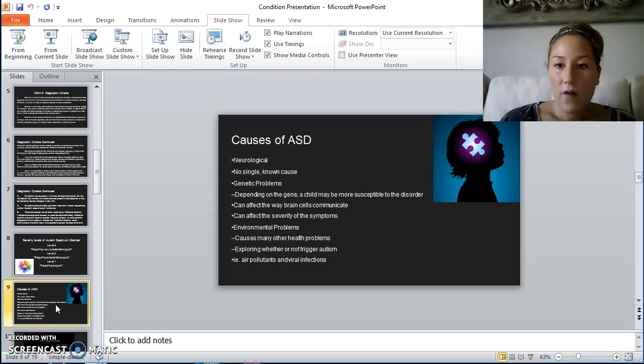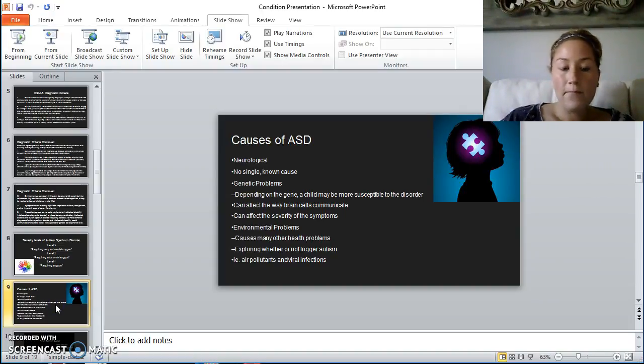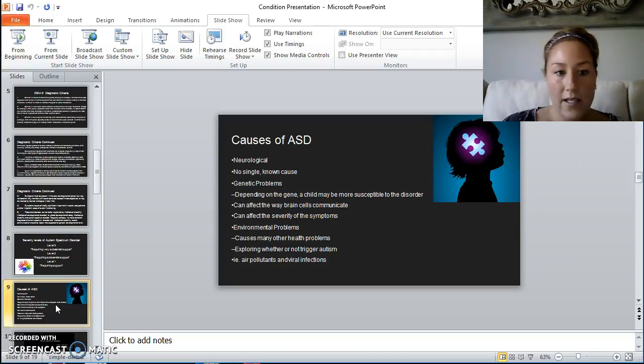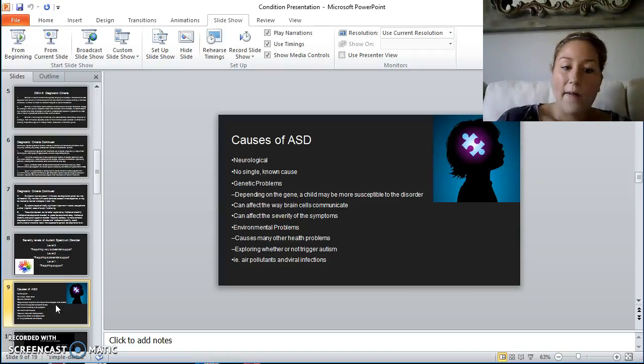So the causes of autism spectrum disorder, nobody really has a cause for it. They have some ideas. Some say it's neurological, some say it's genetic, some say it can be environmental, the air pollution. I have looked at everything, and every cause that you can possibly come up with.